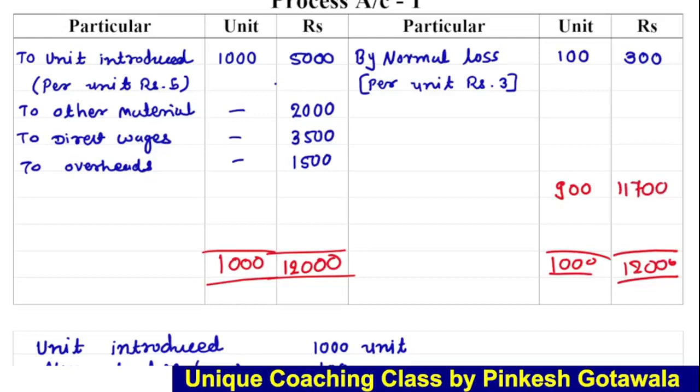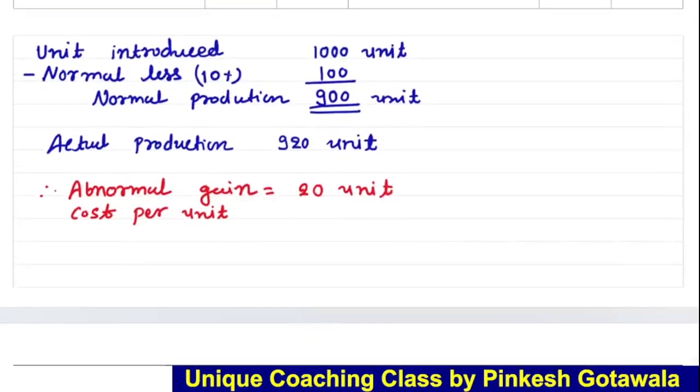Do this calculation on the calculator. The difference in units is 900 and in rupees 11,700. It means we produced 900 units at a total cost of 11,700. Just find out the per unit cost. 11,700 is the total cost and 900 is the units.